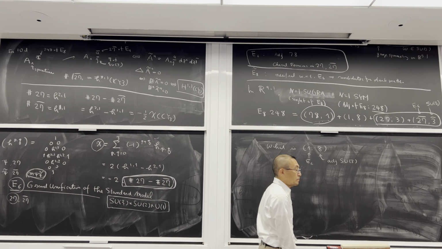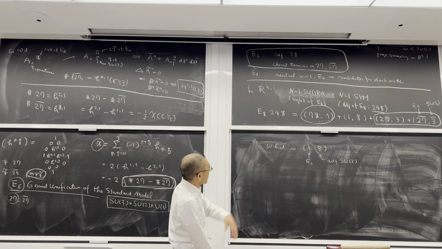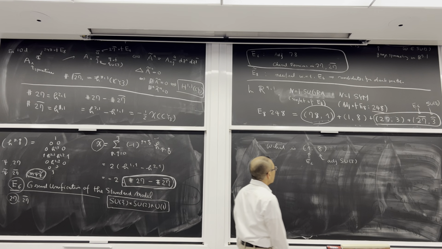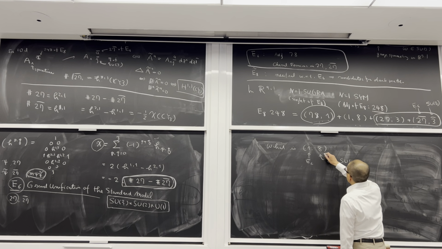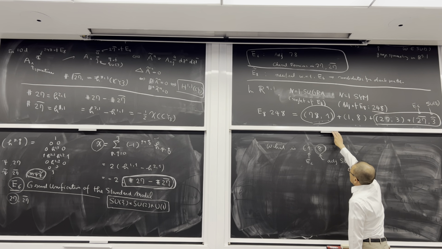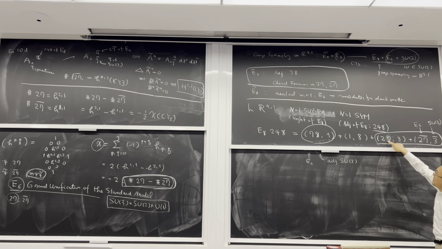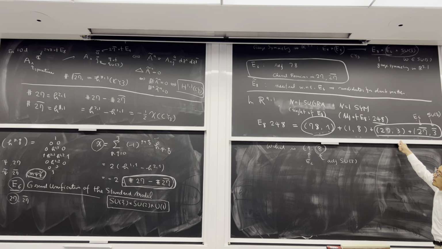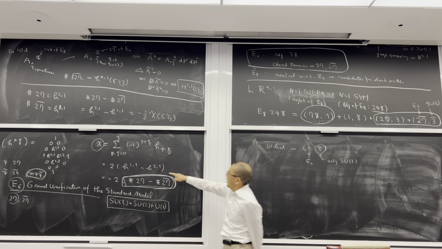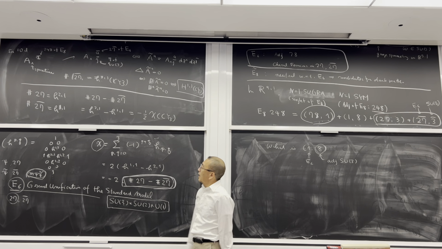So what does it mean? So actually, the explanation of this is the following. So first of all, as I explained, this 27 and 3 was explained as an element of H21 cohomology.